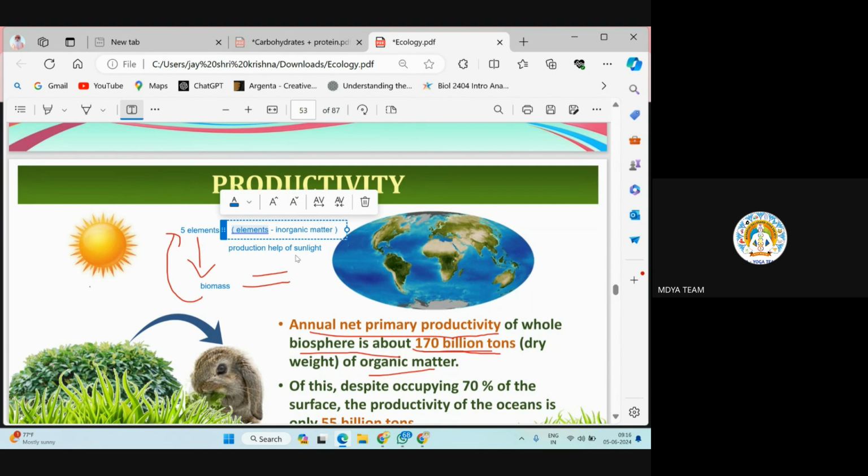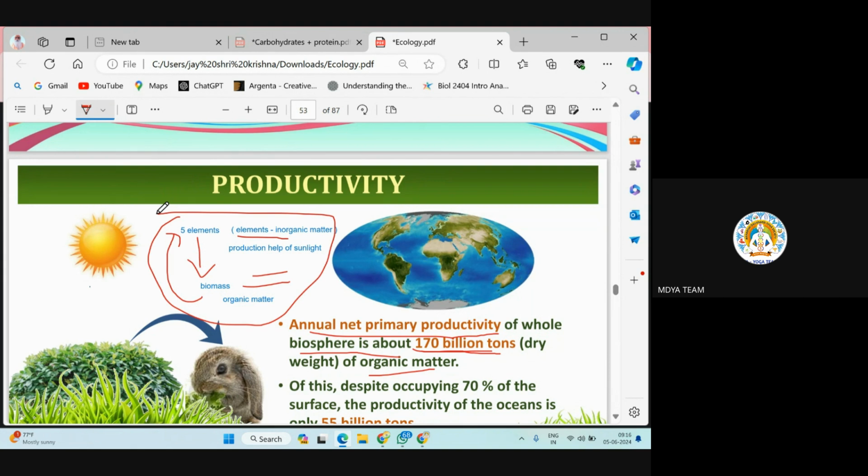All these can be categorized into 5 elements only, and of those elements our body is made, and this is known as organic matter. Again, this organic matter will be converted into 5 elements or inorganic matter. By this you can understand why decomposition is important along with production.